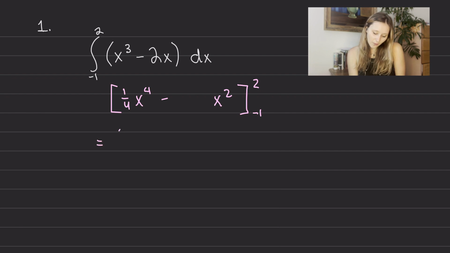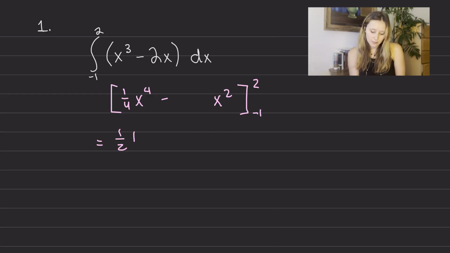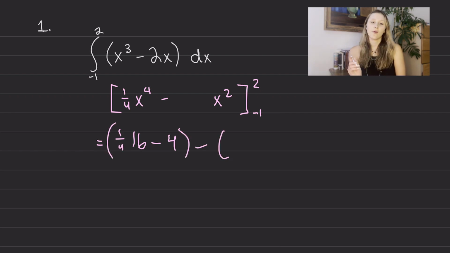What do we get? We get 1/4 2 to the fourth, which is 16, minus 2 squared, which is 4. I meant to say 1/4 here. And then we do minus 1/4 times minus 1 to the fourth, which is 1.